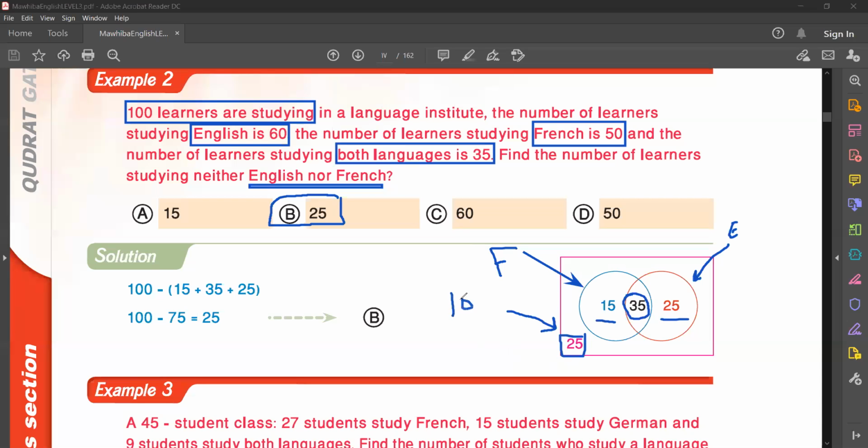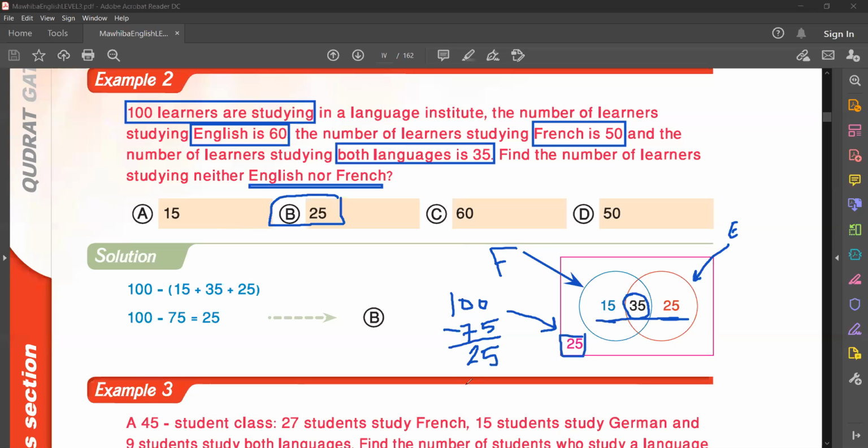When you add the three quantities, 35 plus 25 is 60, and 15 makes 75. Then 100 minus 75 is 25. So the correct answer is B. Is it clear?